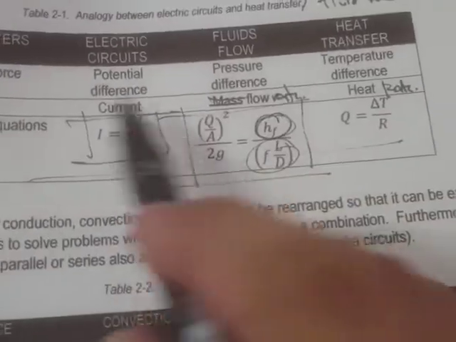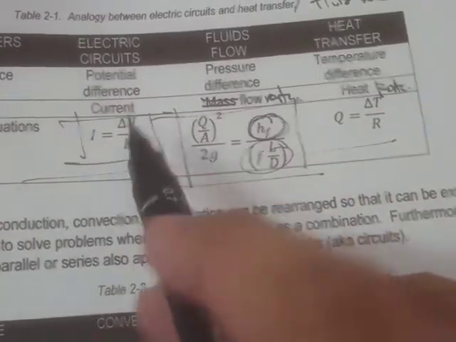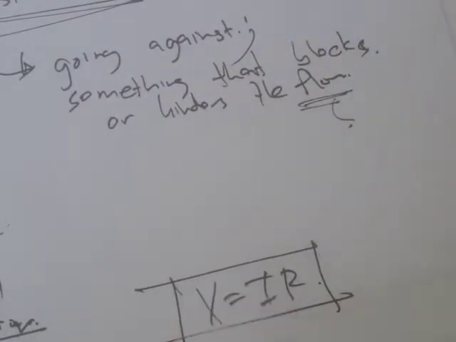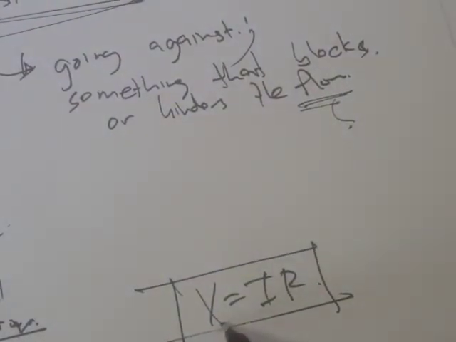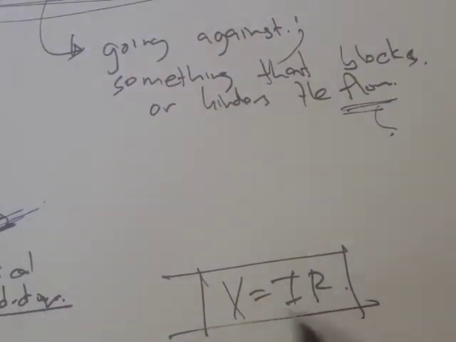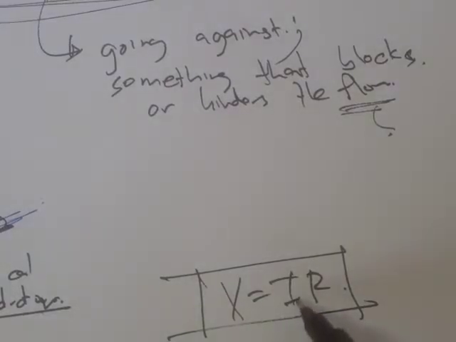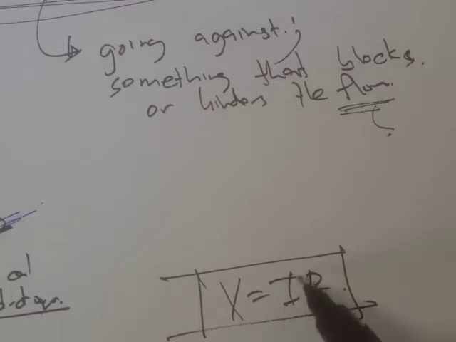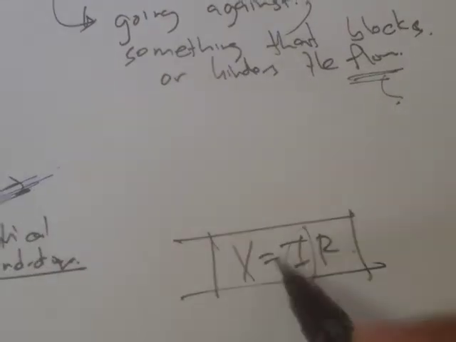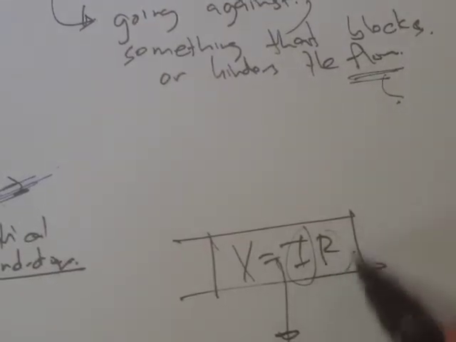Now in terms of equation, you are already familiar with Ohm's law. Ohm's law is V is equal to IR. It simply says that the voltage drop, or the potential difference, is directly proportional to the current by this factor.